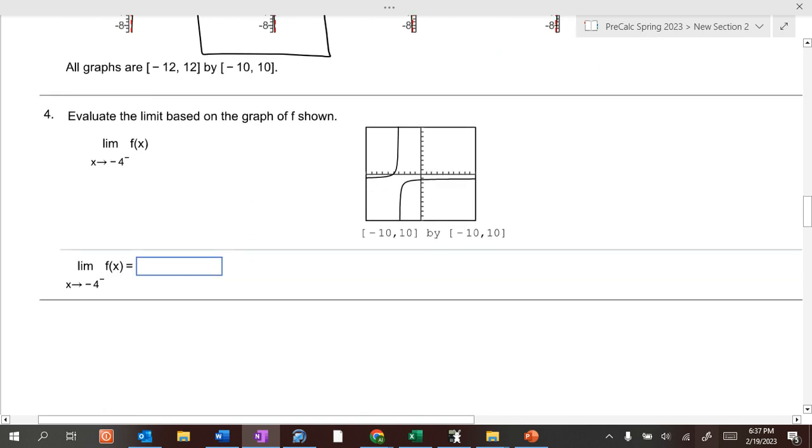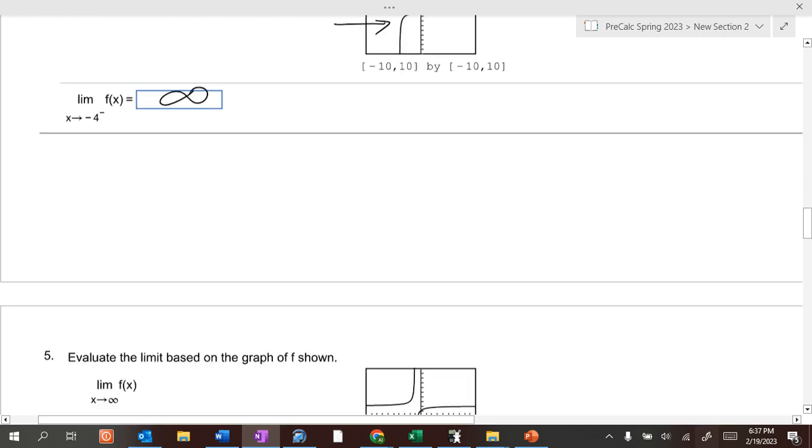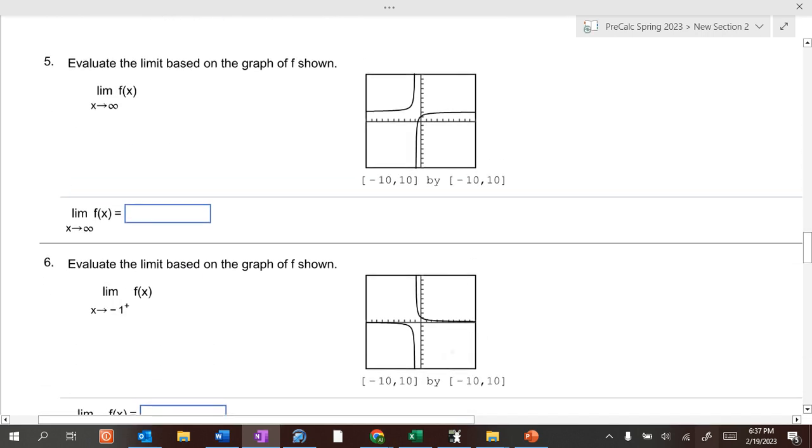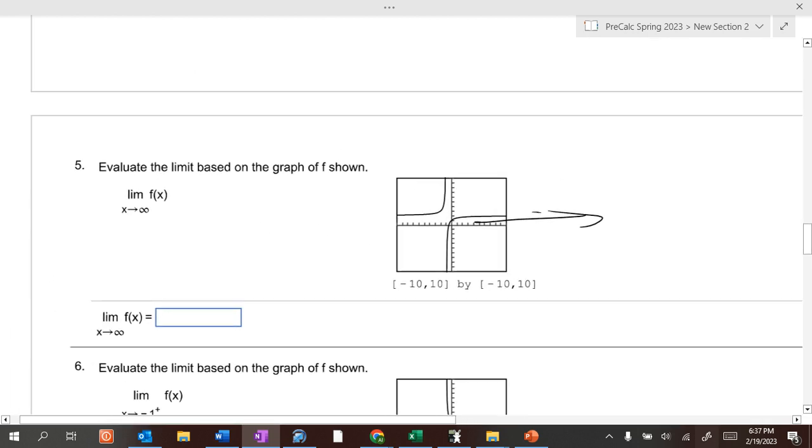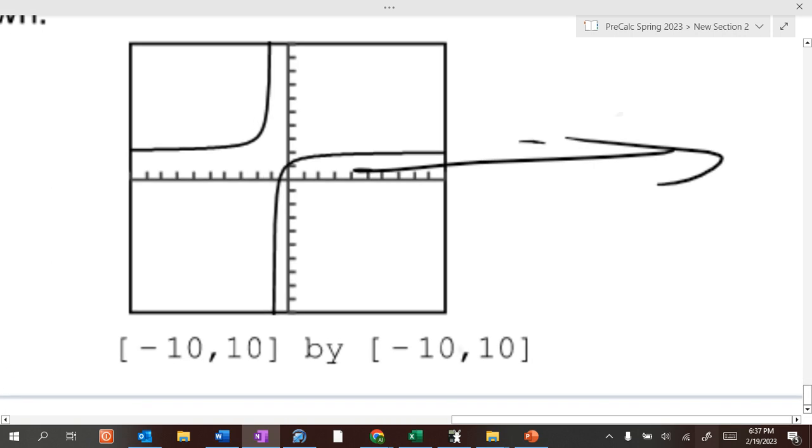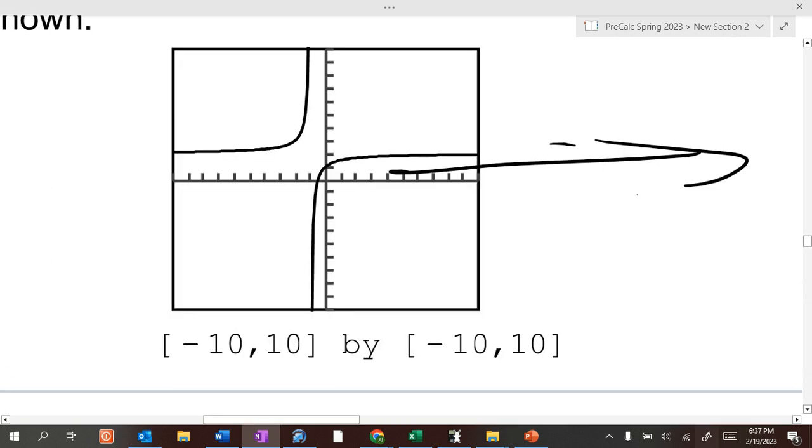Okay, and end behavior. This stuff's pretty easy. As we go towards -4 from the left, what's happening? It's going up like this. As we're going towards infinity, what's going on? Well, as I go towards infinity this way, I'm getting closer to this asymptote. And we've got to really zoom in on this one, peeps. It looks like our asymptote is right at 2 here.